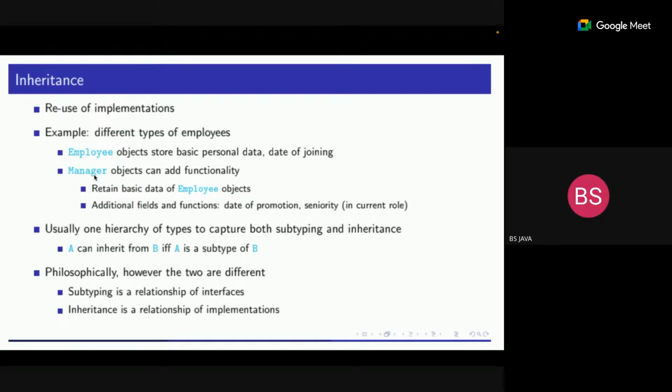At the same time, a manager itself is an employee in the company, right? So a manager will also have the same personal data: date of joining, age, name, etc. So we can say a manager is a special kind of employee in the same company, who has more details like date of promotion, seniority, etc. So what we can do is have class Employee, and instead of creating class Manager separately with all these personal data, we can use whatever is there in class Employee and add the extra details that we want.